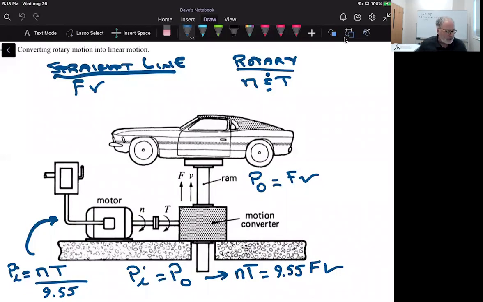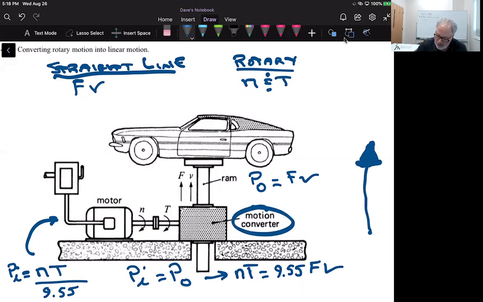Okay, so here's that situation. What we have, and this looks very familiar, is an electric motor. That electric motor is a rotating device, and it is causing motion in a straight line, or a linear direction. What we have to make that happen is some type of motion conversion.